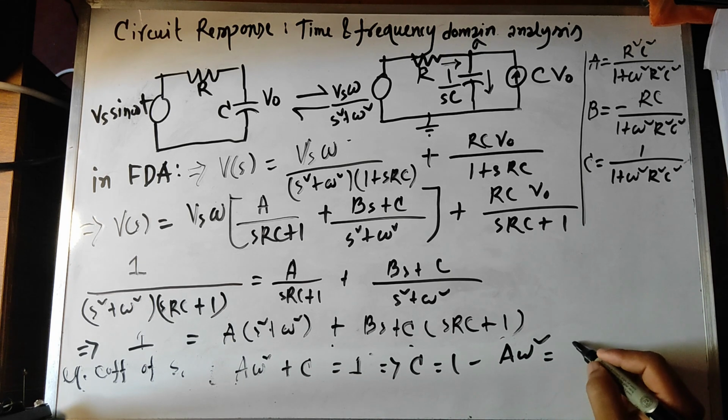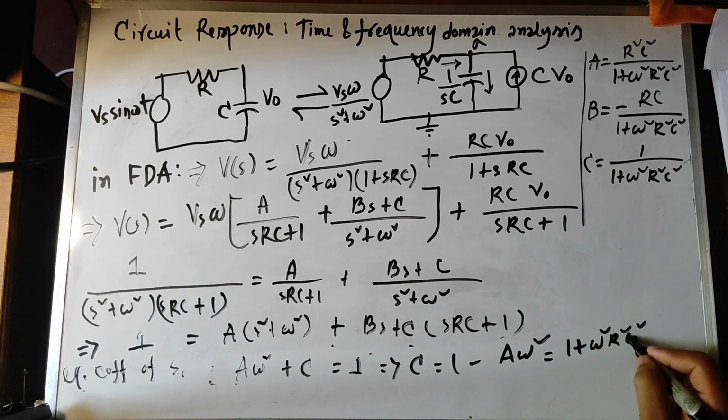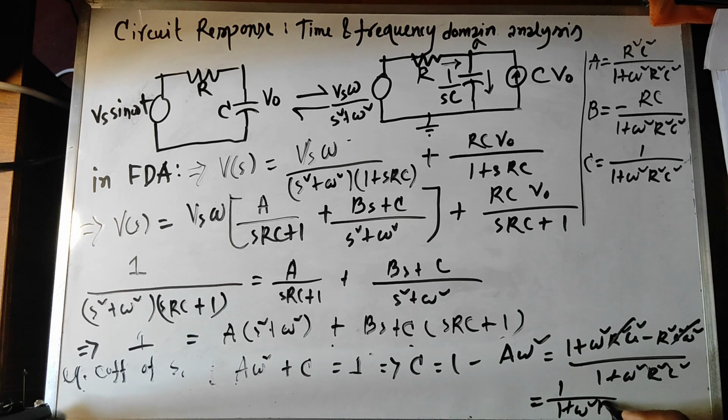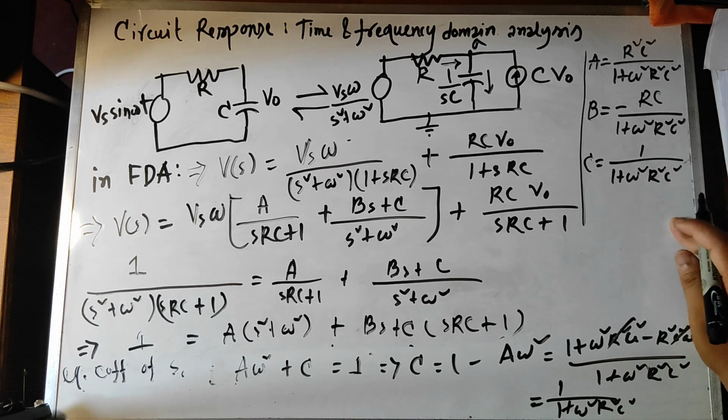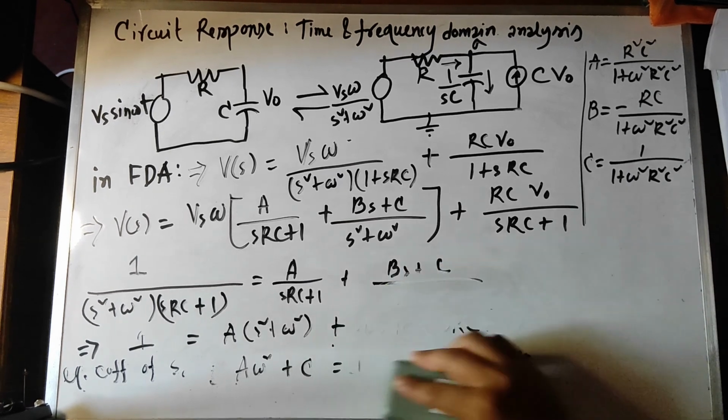So 1 plus omega square r square c square minus r square c square omega square by 1 plus omega square r square c square. So this cuts out, which gives 1 plus omega square r square c square, 1 by 1 plus omega square r square c square, which is the same for c.